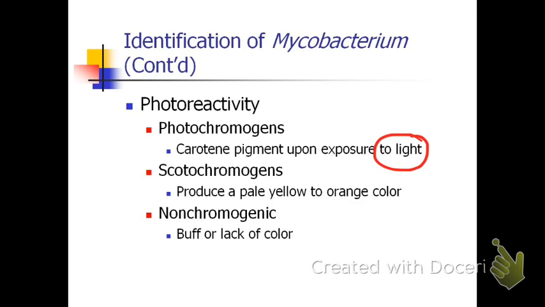The pigment is carotene, and it is elaborated in the presence of light. Scotochromogens means that there is a pale yellow to orange color in the presence or absence of light, so they do not require light to produce pigment. Non-chromogens do not produce any color at all, whether in light or in darkness.